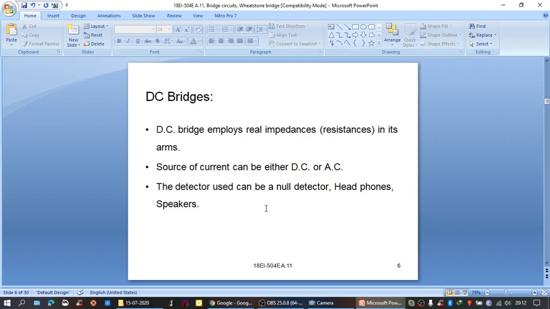The bridge is said to be balanced when the null detector indicates 0, or when the headphones or speakers used across the bridge output terminals produce no sound.